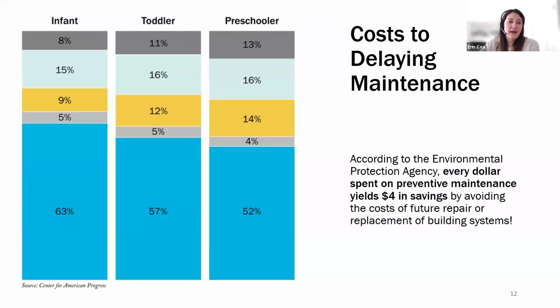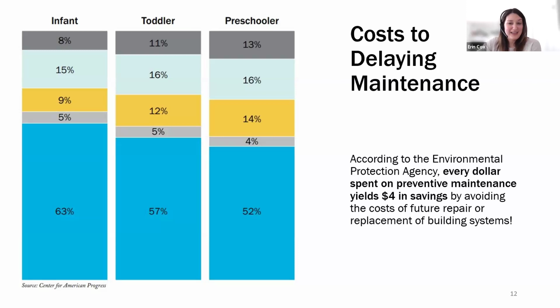So on the next slide, this chart to the left is a distribution of childcare program expenses, where the dark gray is classroom materials, the light gray is office and administration, and the blue is for your payroll. So that yellow bar is for your occupancy expense costs. So already there's very, very little room for maintenance, let alone thinking about improvements or expansion.